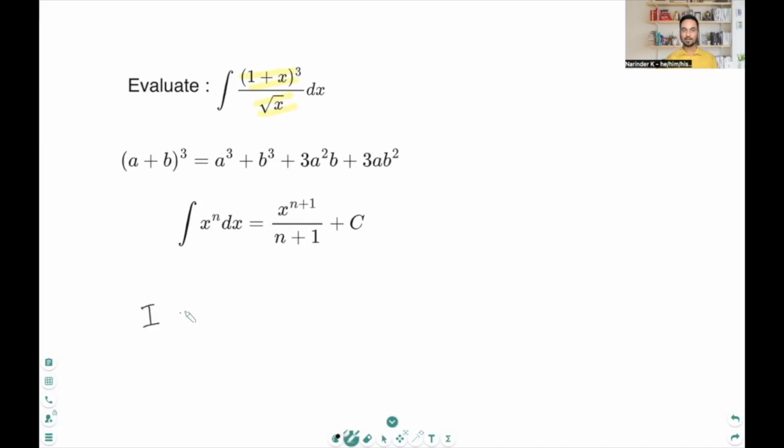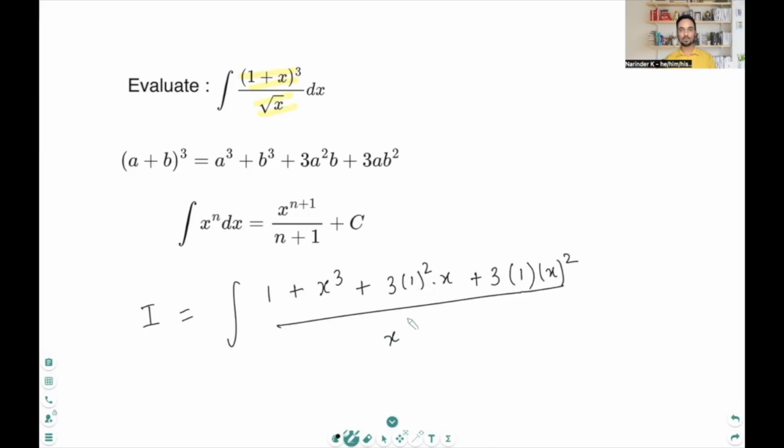The given integral I can be written as 1 cube, which is 1, plus x cube plus 3 times 1 square times x plus 3 times 1 times x squared, divided by square root of x, which can be written as x raised to the power half.